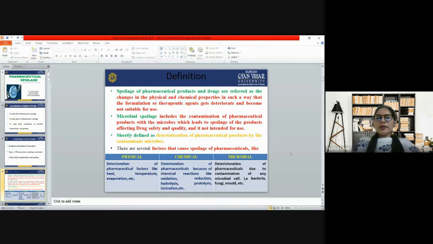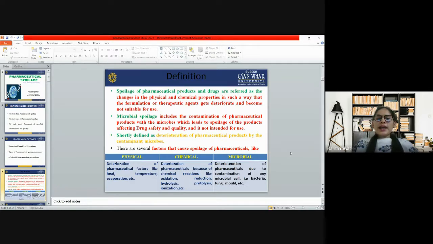Microbial spoilage includes the contamination of a pharmaceutical product with microbes, which leads to spoilage of the product, affecting drug safety and quality, and it is not intended for use. Shortly, it is defined as deterioration of a pharmaceutical product by any microbial contaminants.